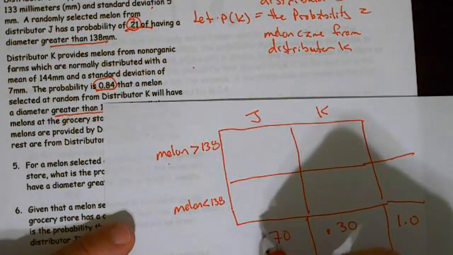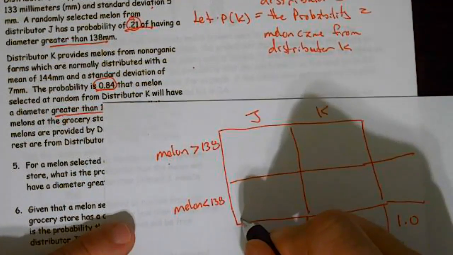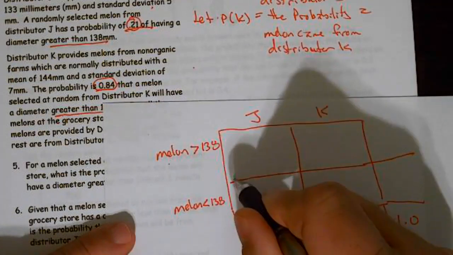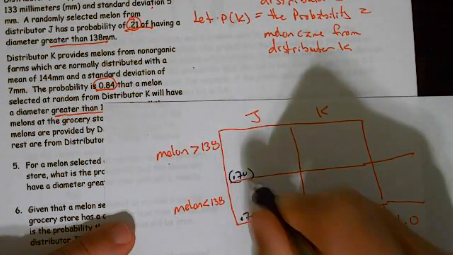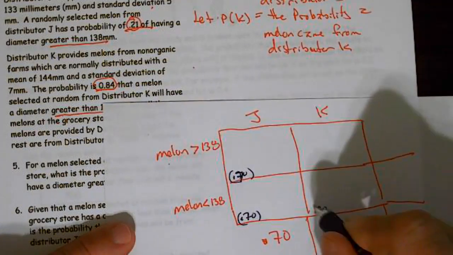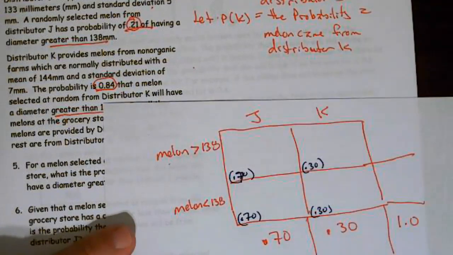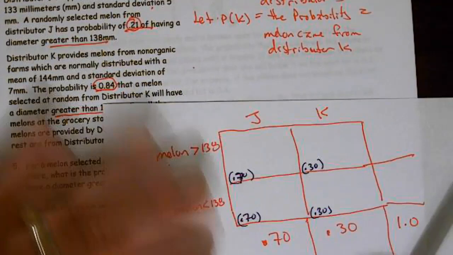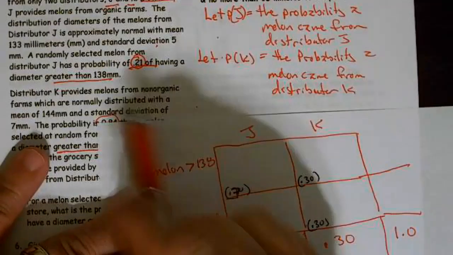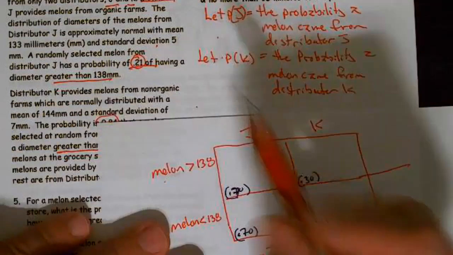Now, remember, we bring these numbers up, write them small. So this becomes 0.70 and 0.70, and this is 0.30 and 0.30. A randomly selected melon from distributor J has a 0.21 of being greater than 138.